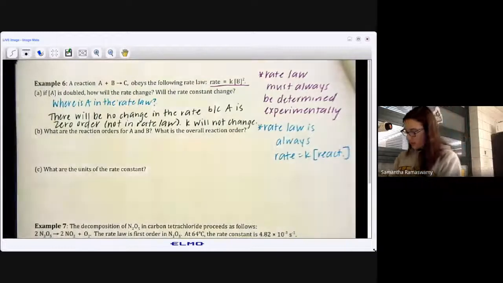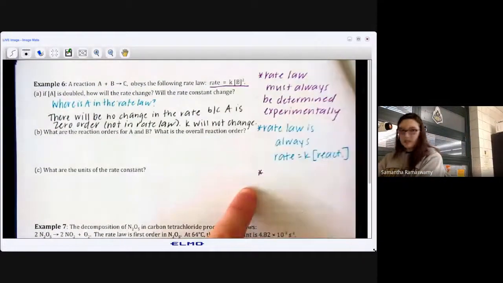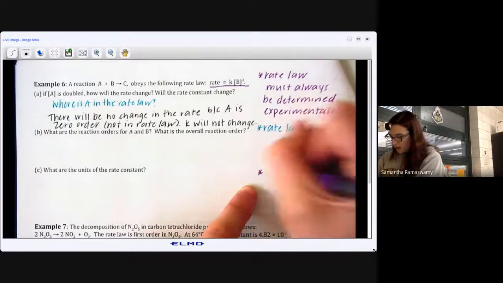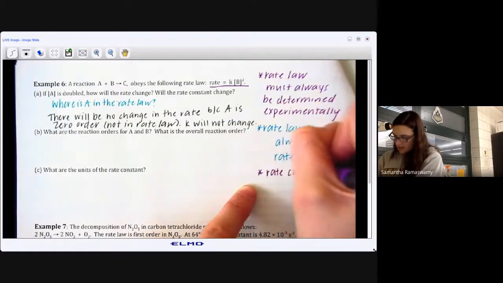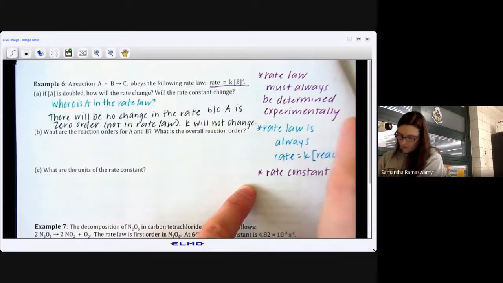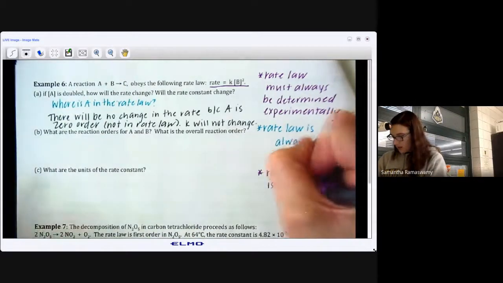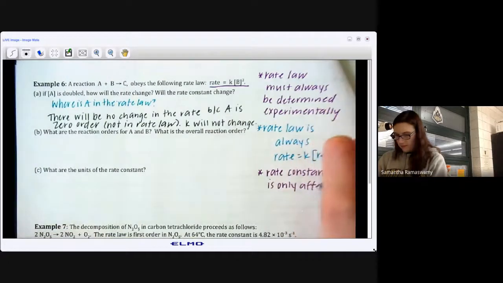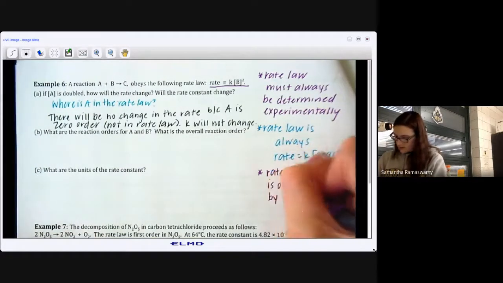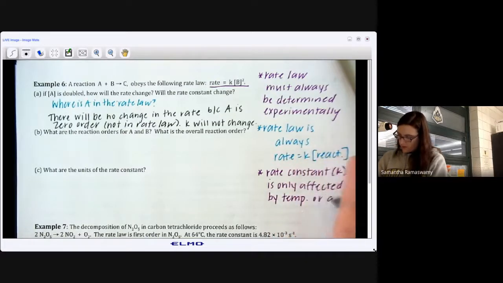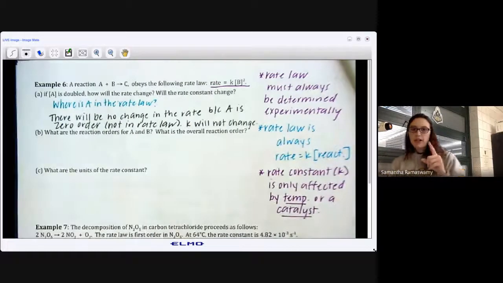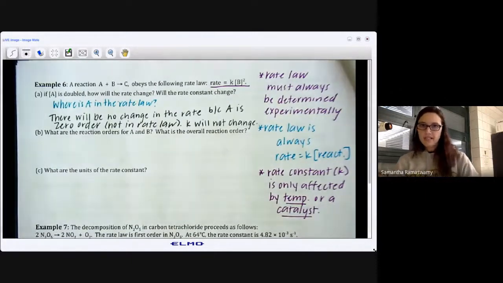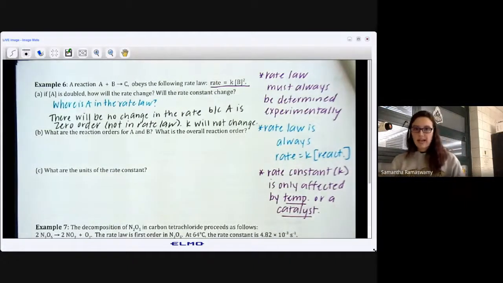Something else that we can write off to the side, just some things that we want to remember, is that the rate constant, which is K, is only affected by temperature or a catalyst. So temperature change and a catalyst are the only things that ever change the value of the rate constant. Changing reactant concentration doesn't matter. K is constant unless you change temperature or a catalyst.